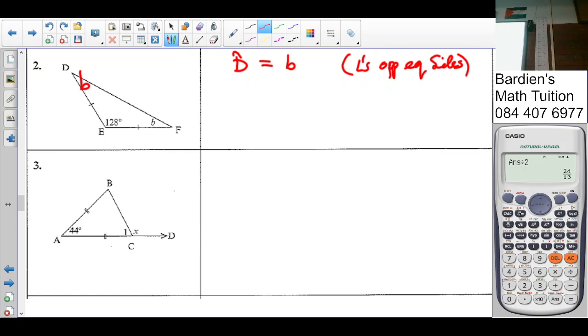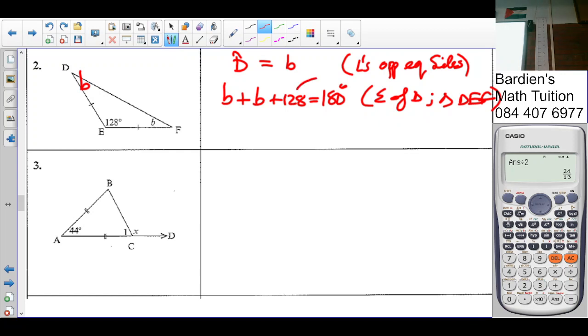So what can we say here? That b plus b plus 128 is equal to 180. Reason: sum of angles in a triangle, triangle DEF. Variables one side, numbers the other side.